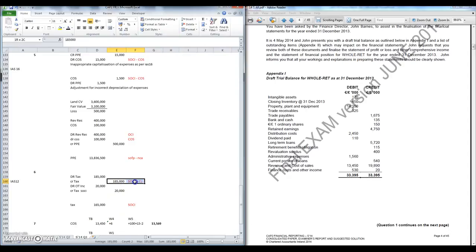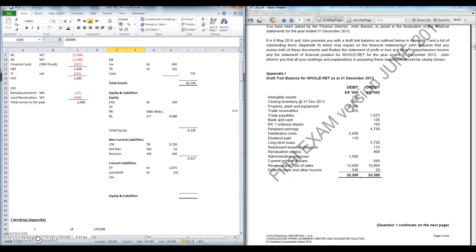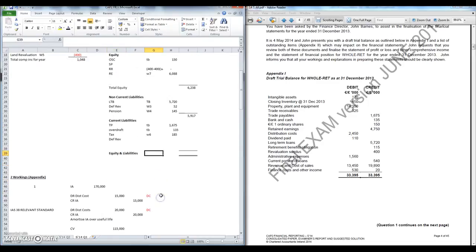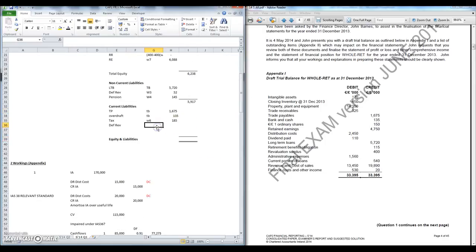Our tax liability for the year, current liability, that's why it's good to label, is 185. Working 6. And we do have other ones. We know we've deferred income, or deferred revenue, whichever one we want to call it, from working 3.